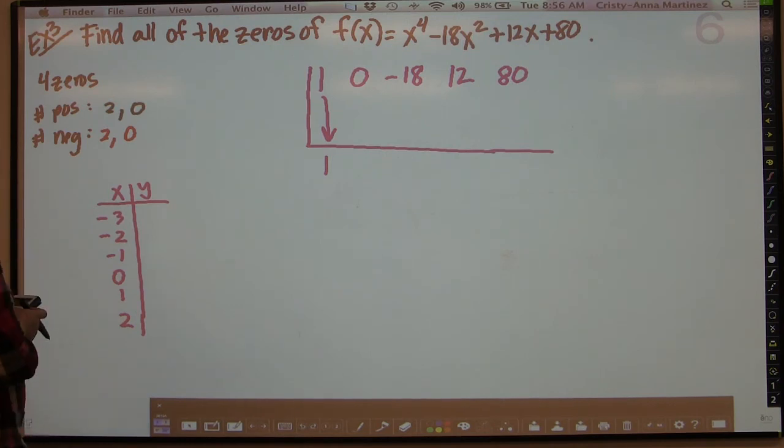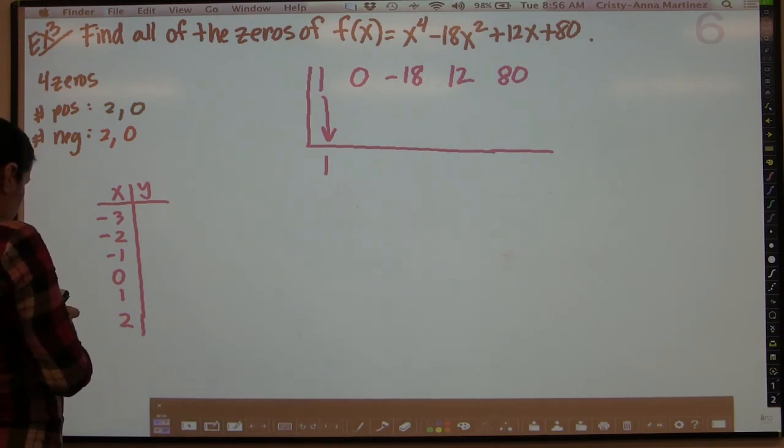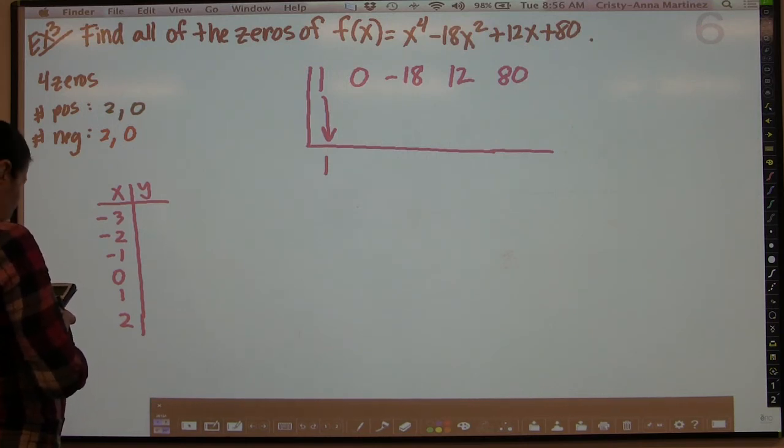We're going to put the equation in the calculator. X to the 4th minus 18x squared plus 12x plus 80.